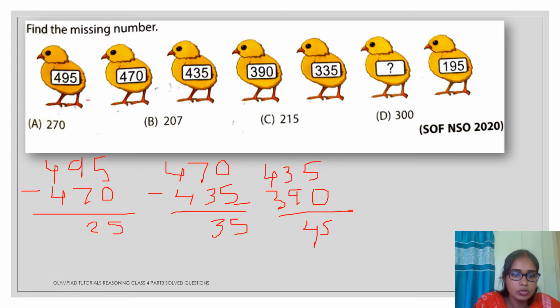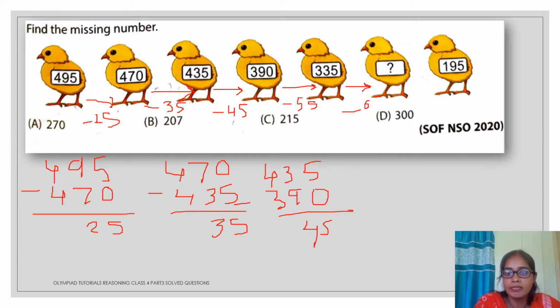Between the first two numbers we had minus 25. From second to third we have minus 35. From third to fourth, minus 45. Then for the next number, minus 55. Again for the next one, minus 65.